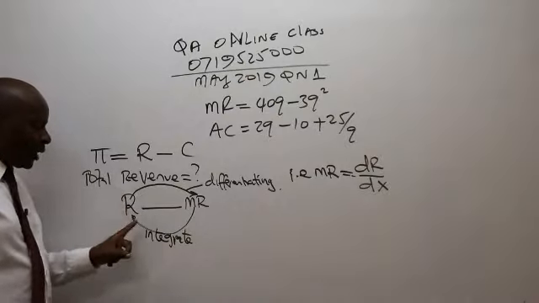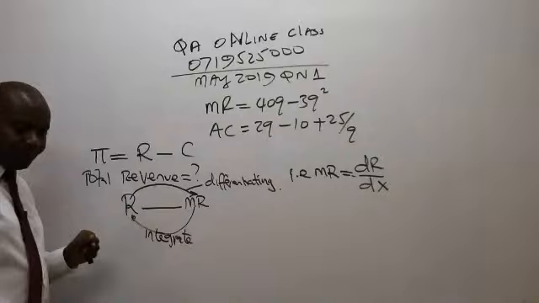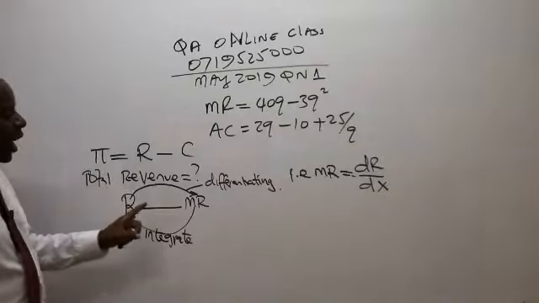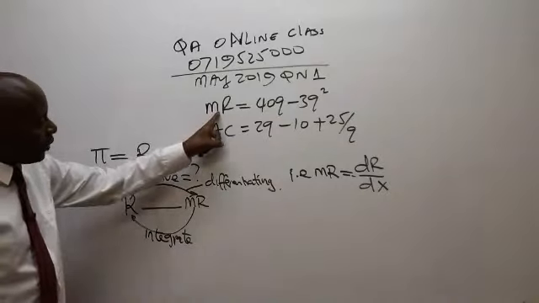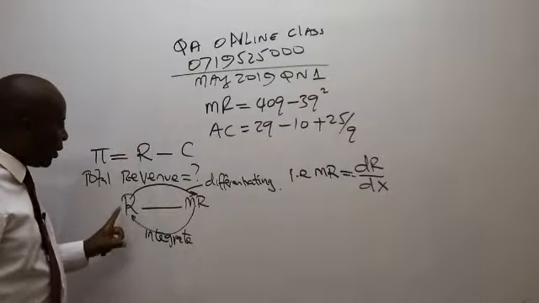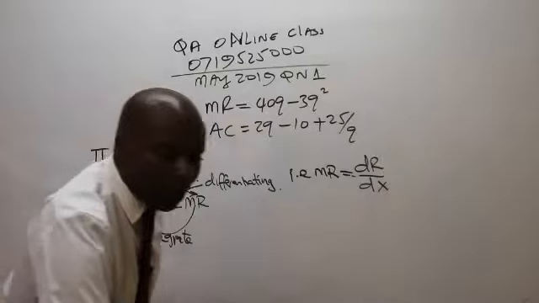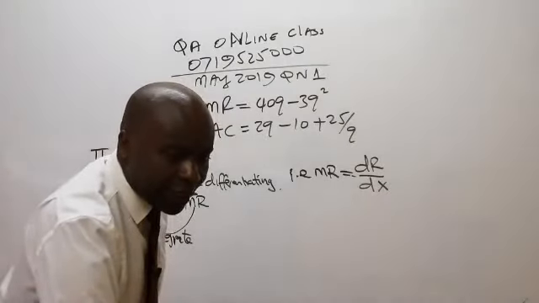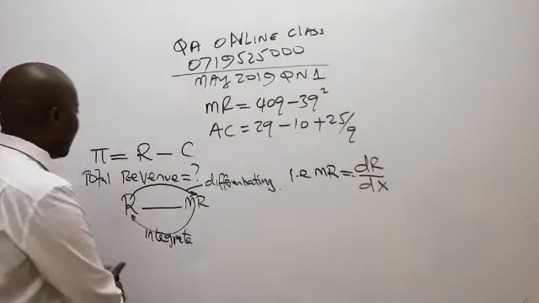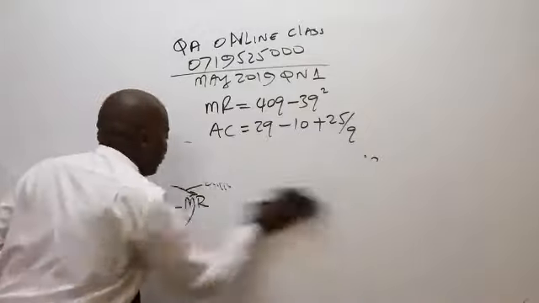This is very important, ladies and gentlemen, for us today. Here, they have given me marginal revenue, and they would want me to give them the total revenue. So how will I get this? Ladies and gentlemen, listen very carefully.